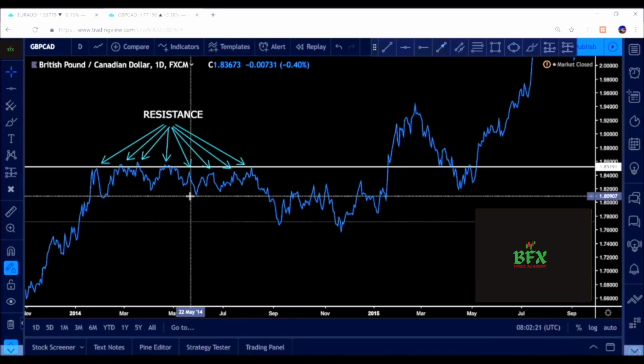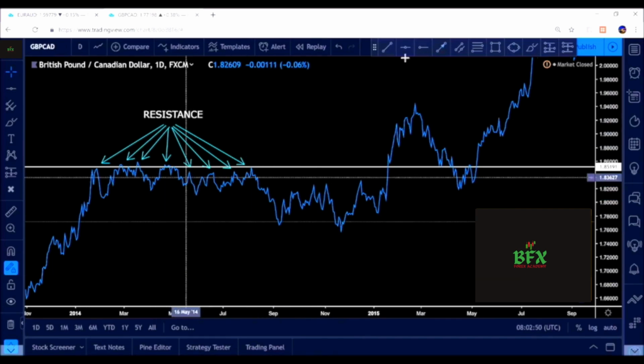It's going to get a little messy even on the line chart, but you can see it's very easy to tell where these areas are located. It's not precise, okay? We're going to get into the precise stuff in the next couple of videos, but this is a way to spot the general area where you should be looking to draw your support and resistance zones, okay?